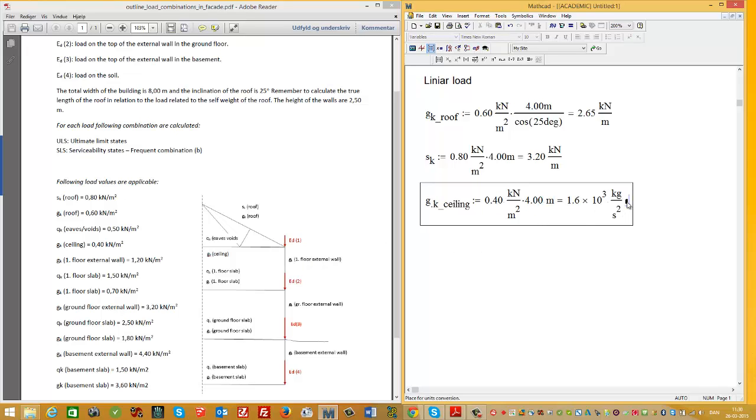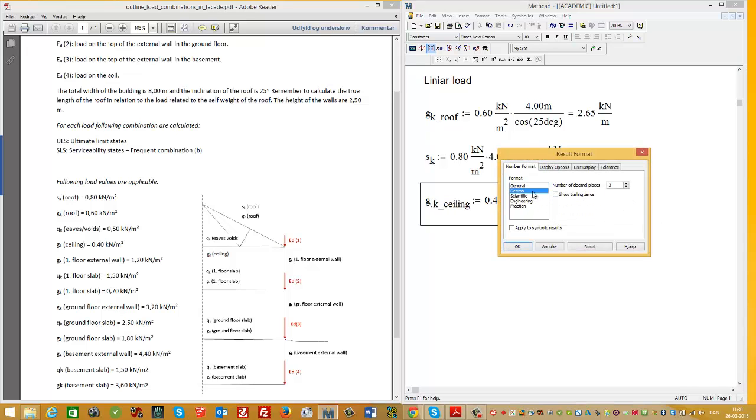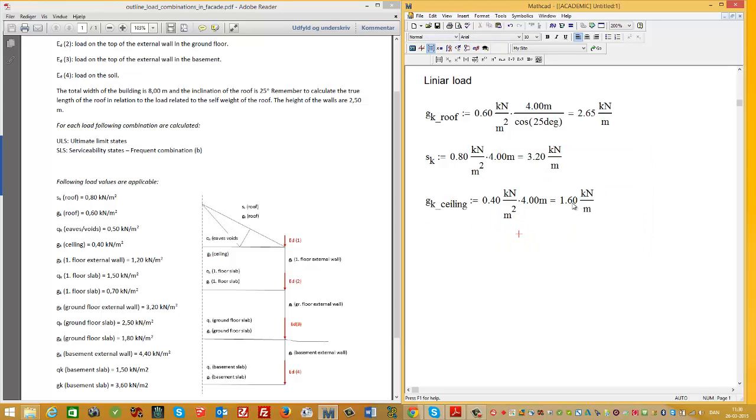And then I convert to kilonewton per meter. So from the ceiling I can conclude in the facade there are 1.6 kilonewton per meter, 160 kilogram per meter.